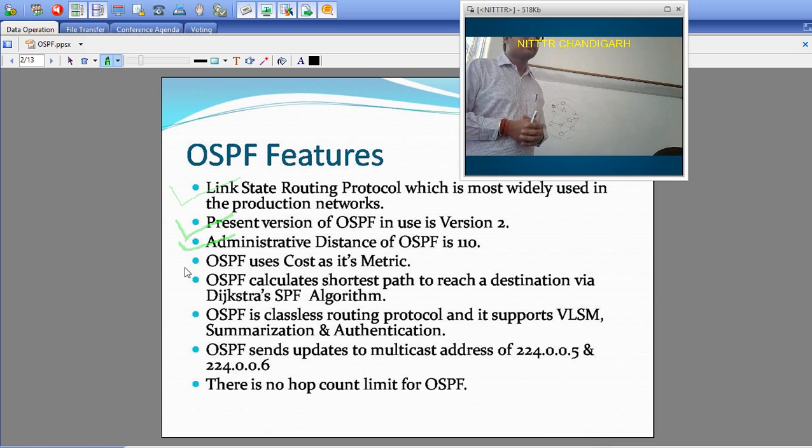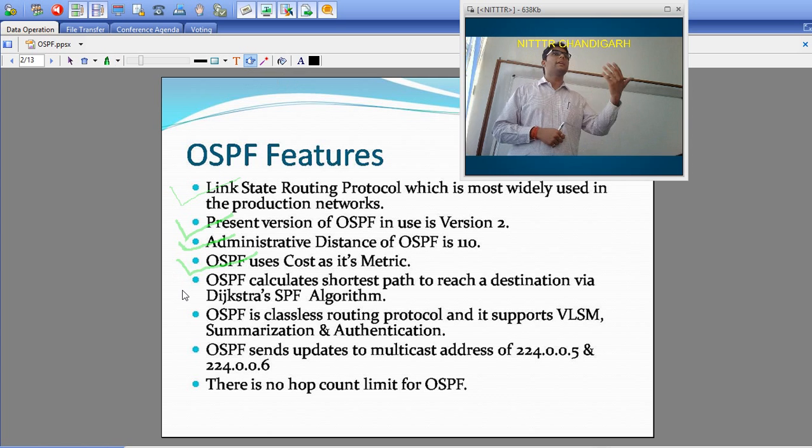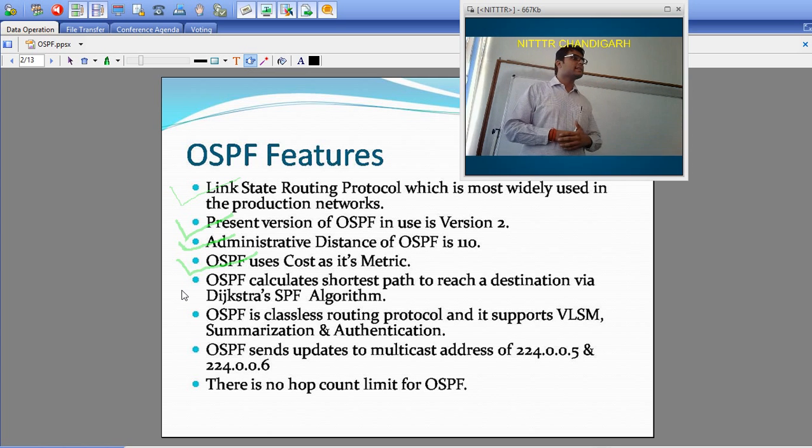So the metric is cost. From this point to reach this, I'll look for the minimum cost. Cost is inversely proportional to bandwidth. Minimum cost, maximum bandwidth. Cost should always be minimum. In our case, lower is better. Fewer hop counts, more preference. Less cost, more preference.